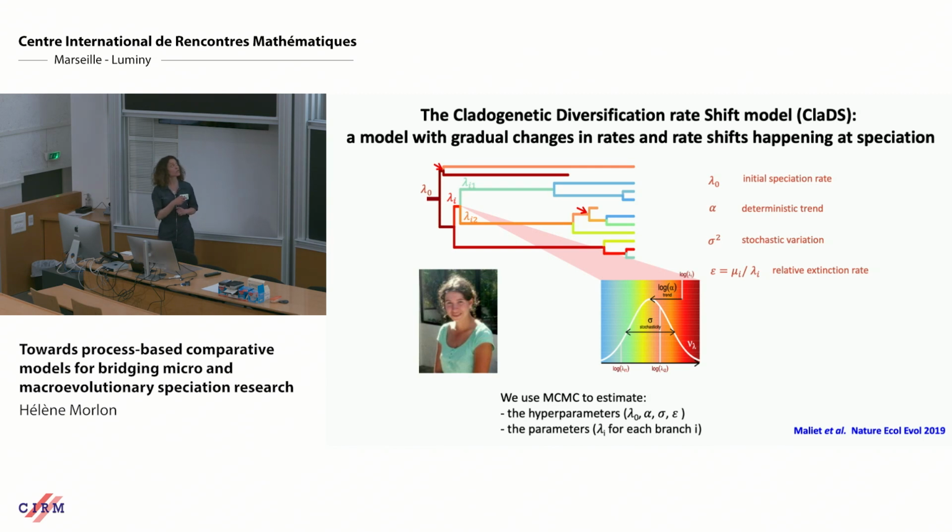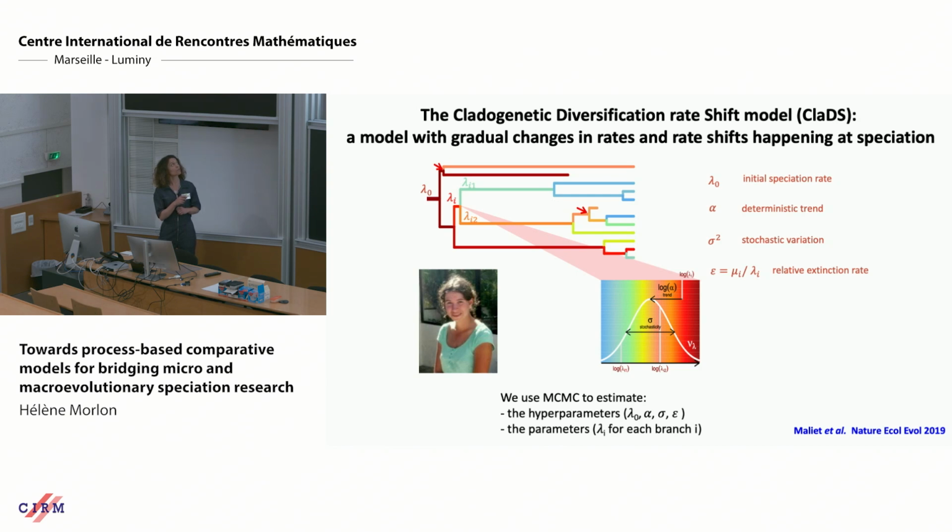We are going to assume that changes happen at each branching event, and when speciation happens, we draw new rates from a log-normal distribution parameterized on the ancestral rates. Okay, so here's the definition of the model.